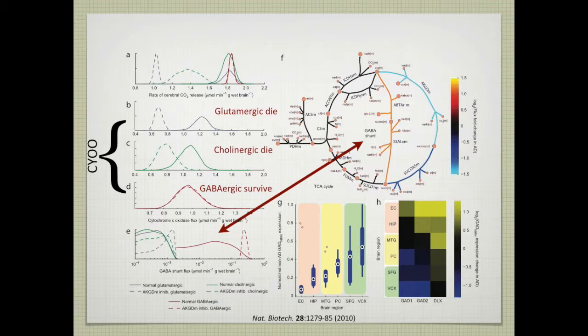In the panels below here are the expressions of alpha-ketoglutarate dehydrogenase in the different regions of the brain. And I'm going to box in here two of the regions that are mostly affected by Alzheimer's. And this analysis points to two genes, GAD genes as I recall, that are selectively upregulated in the GABAergic neurons and affect that flux map.